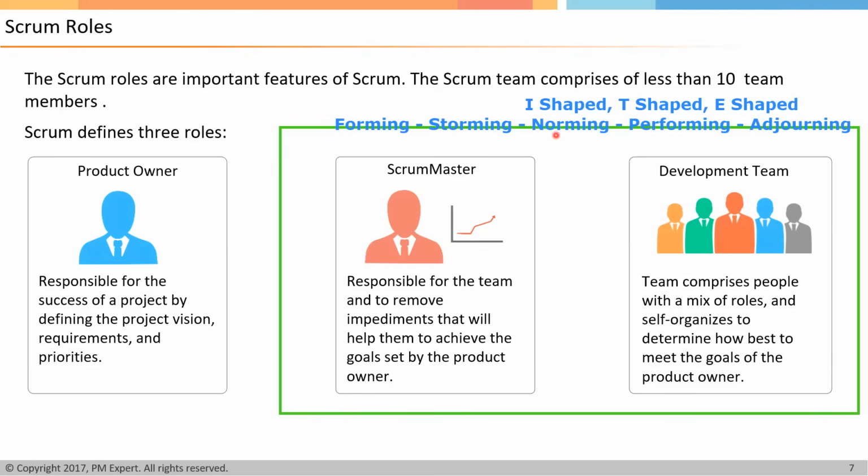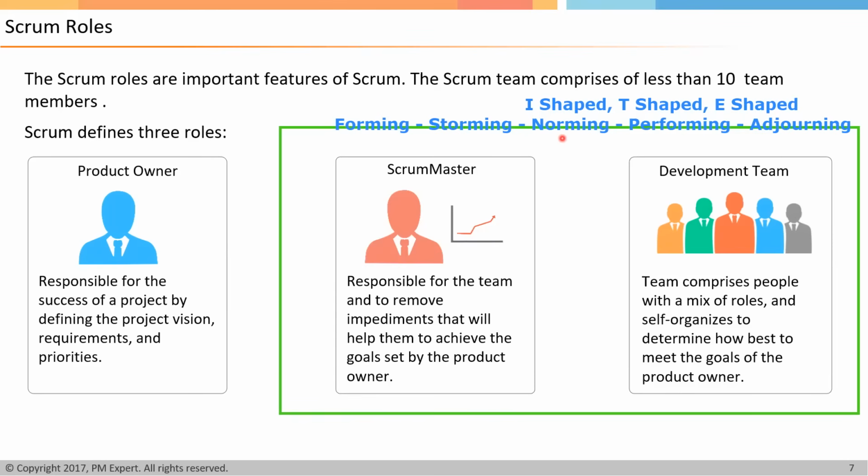Now, norming is the level when the team becomes matured. They understand that the overall project goal is more important than their personal goal. They develop a level of understanding. Their skill also goes up. The team at norming level is called a self-managed team.